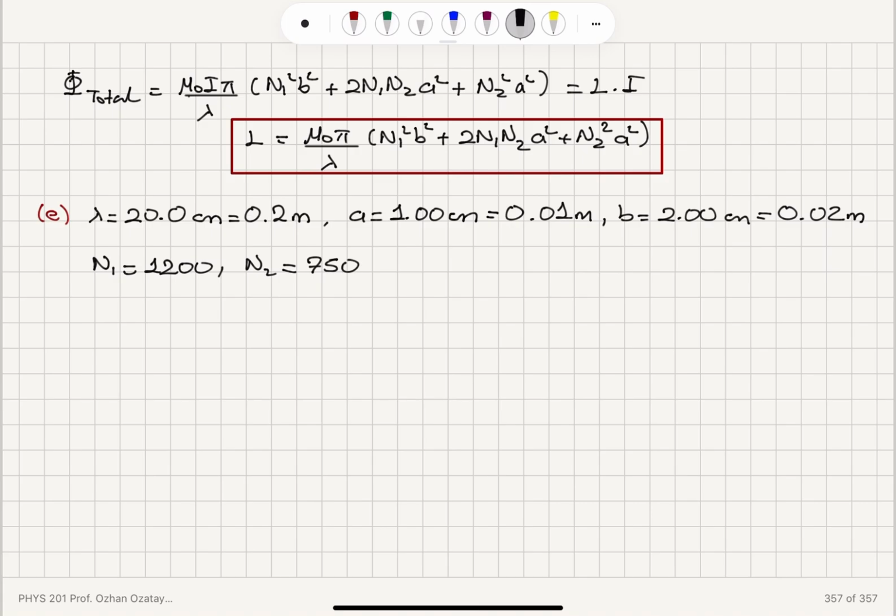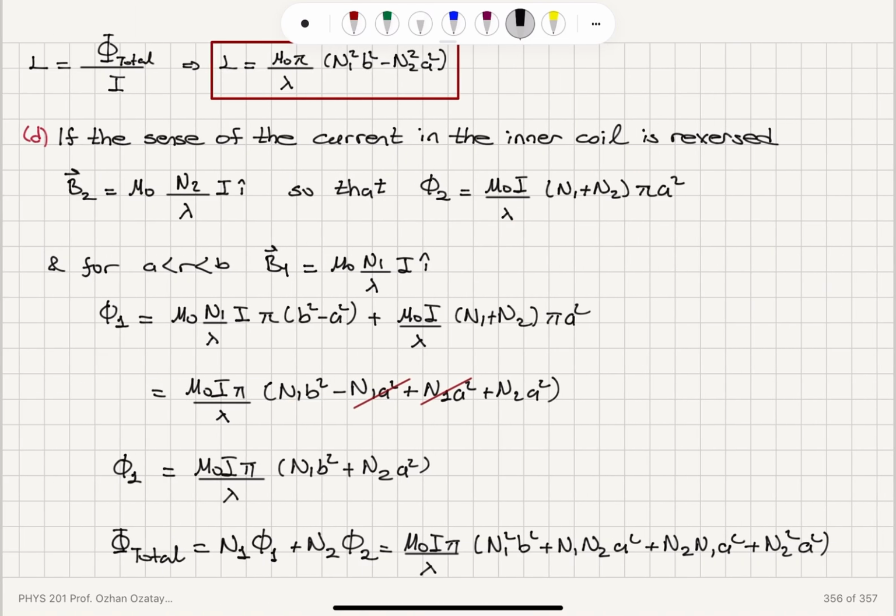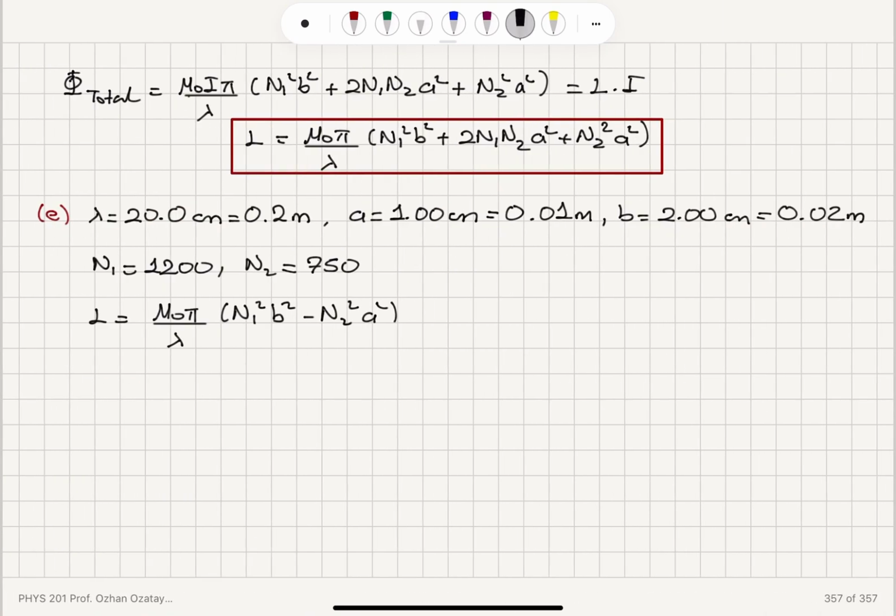The self-inductance is mu0 pi divided by lambda, in the original configuration, (n1 squared b squared minus n2 squared a squared). The answer we have found in part C. Substituting the numbers, we have 4 pi 10 to the minus 7, that's mu0.